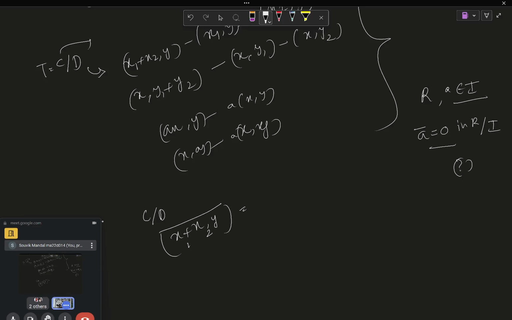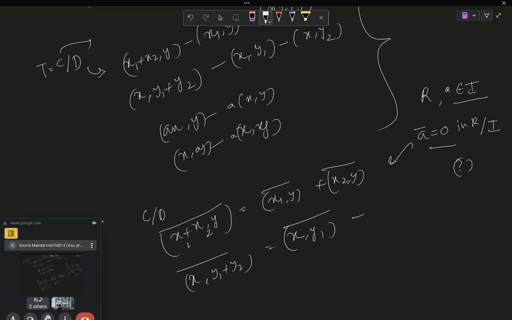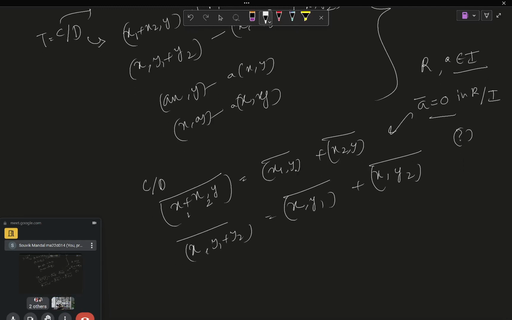This is equal to, in exactly a similar way, this is the same. Similarly, the other element, this is the same. Similarly, the other two, this is the same.